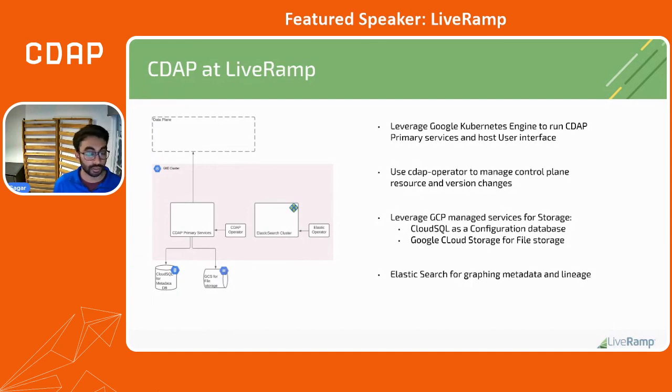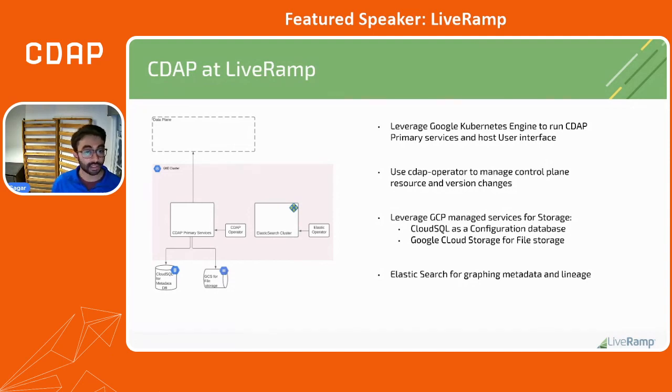This really helps us manage deploying the CDAP instance itself. And then we also leverage other GCP managed services for things like storage. So we use Cloud SQL for configuration, Google Cloud Storage for file storage, and finally also went with Elasticsearch for graphing and metadata and lineage. So that's just a quick view into how we actually run the platform at LiveRamp.